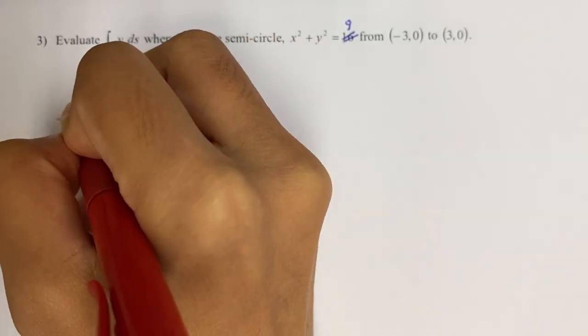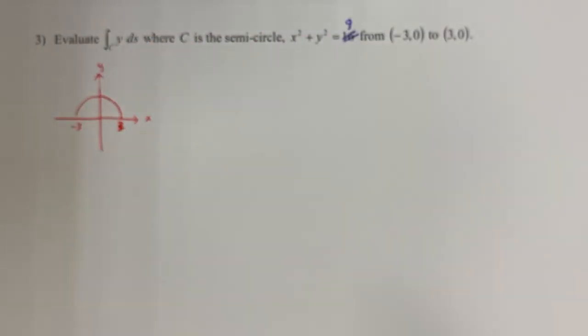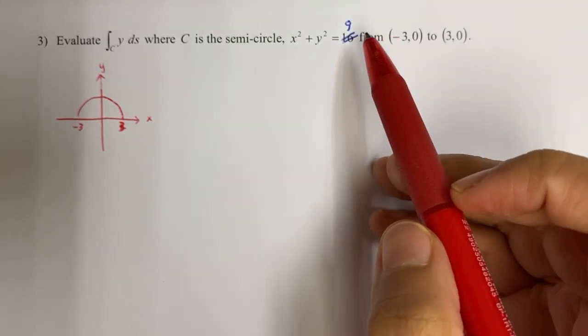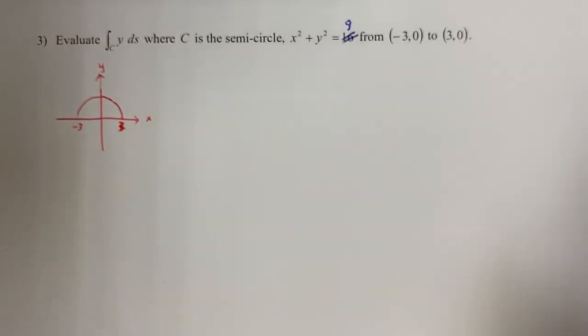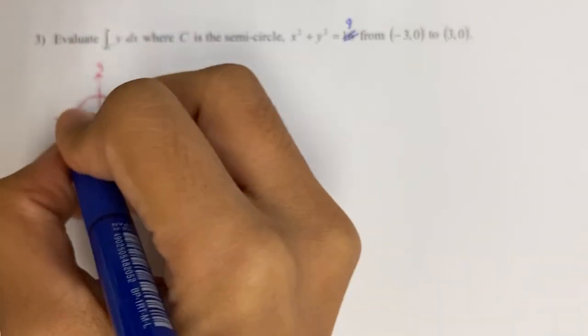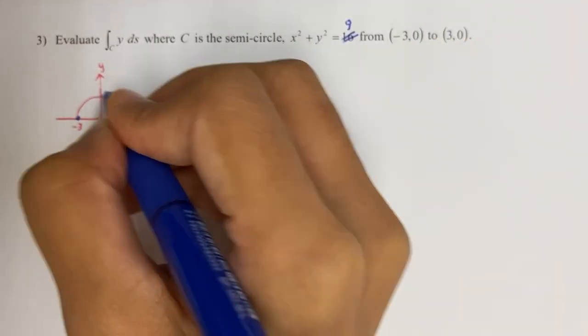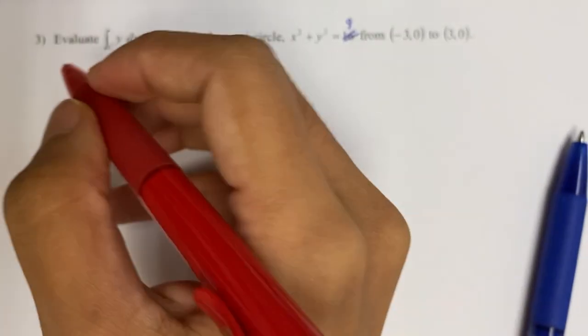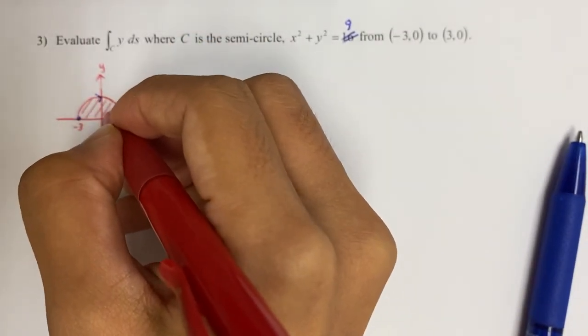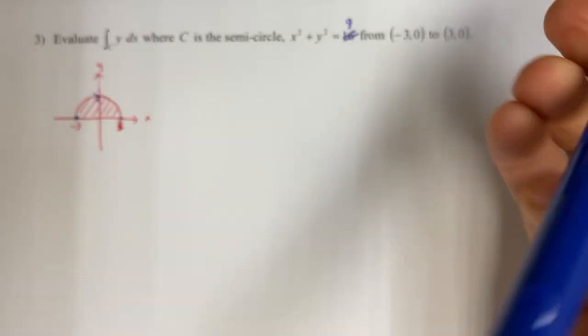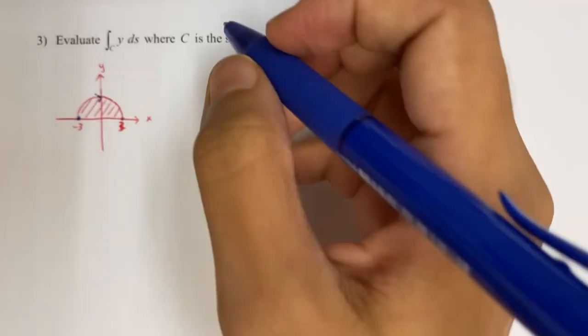Okay. From negative 3, 0, this point here, to 3, 0. So it is moving clockwise. So now we start with the parametric equations.